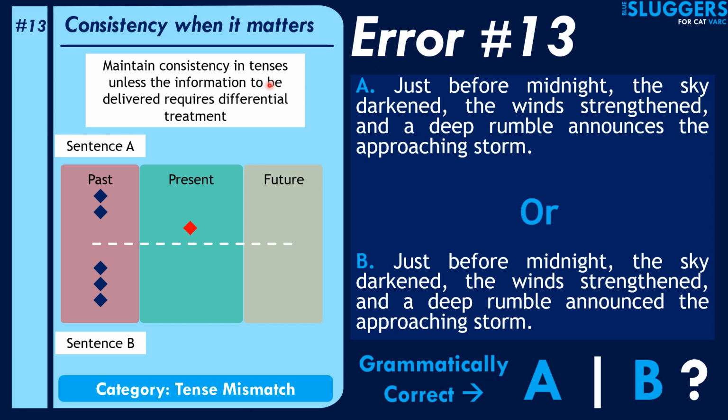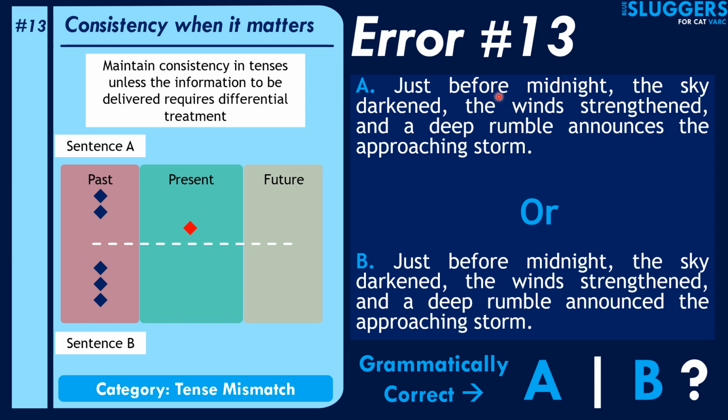Now, the error that we'll talk about in this session violates the rule that is most ubiquitously taught whenever the topic of verbs and tenses comes up in any grammar class. They always tell you that if there are multiple activities being expressed, you need to maintain consistency in tenses, unless the information to be delivered requires differential treatment.